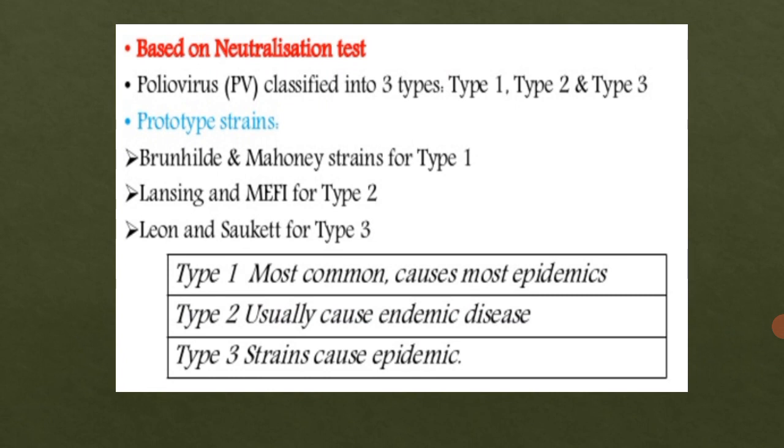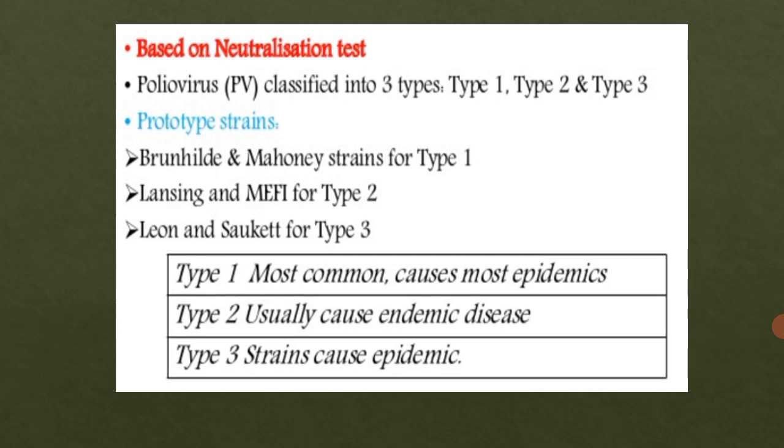Among these three, type 1 is the most common strain and causes most epidemics, and type 2 usually causes endemic disease.